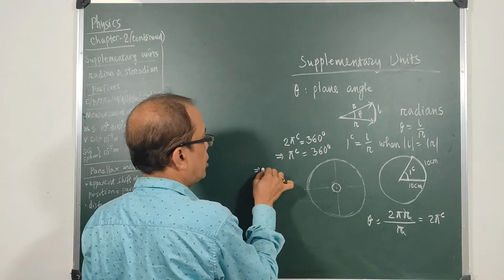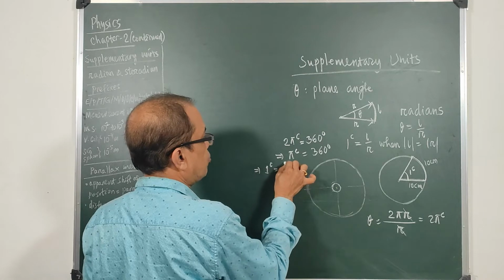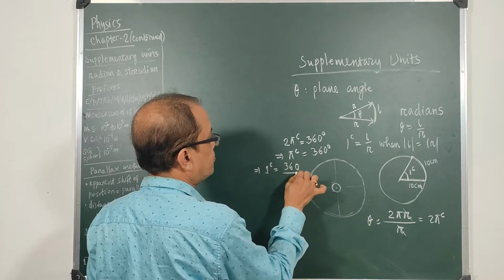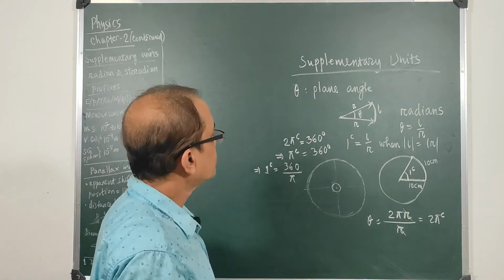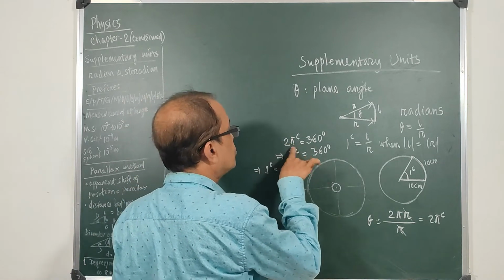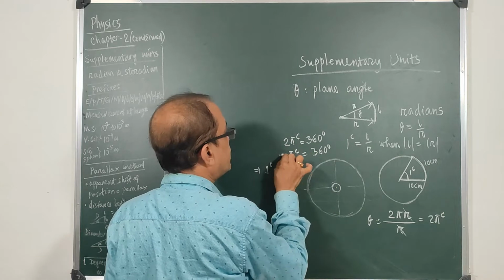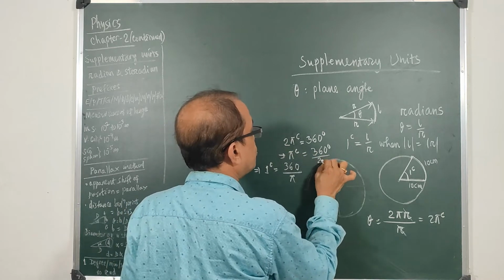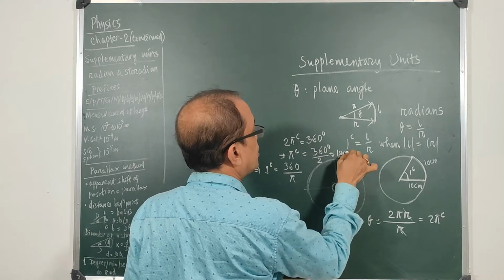So pi radian is 360 degrees by 2, which is 180 degrees, sorry.